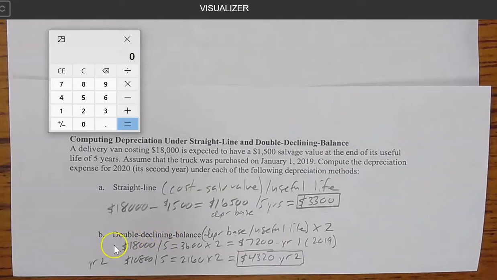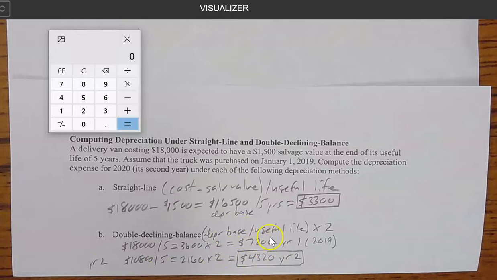In the first couple of years of this van's life, there's probably not going to be a tremendous difference in the amount of utility that we get out of it. But certainly by year 3, it would probably be inappropriate to be taking the same amount of depreciation that we took in year 1 and even in year 2.